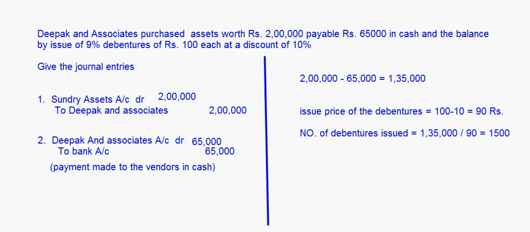Now we saw that 1,500 debentures are issued. The value of the debentures is 100, issued at a discount of 10 rupees, right? So here this is 1500 into 10, which is equal to 15,000, right? 1500 into 10, and in this it will be 15,000 rupees, which is 1500 into 10, right?